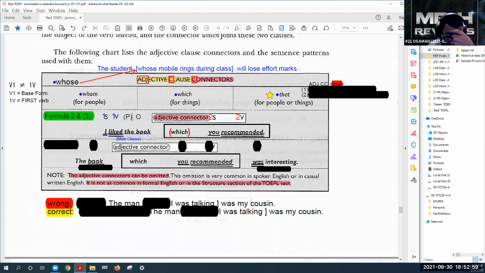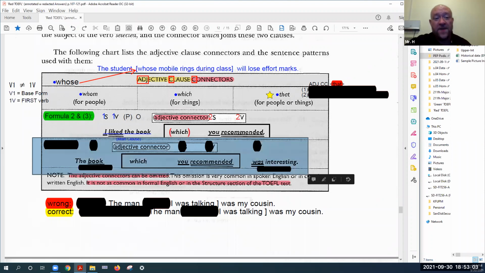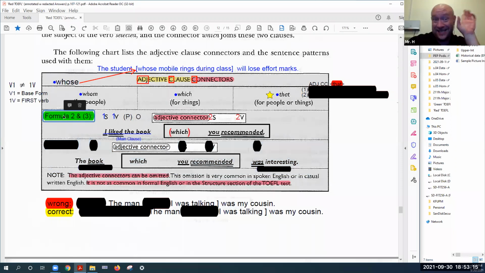All right. Asil, how about the next one? What do you think? The book which you recommended was interesting. Which formula is it? I'll give you a clue. It is not Formula 3.